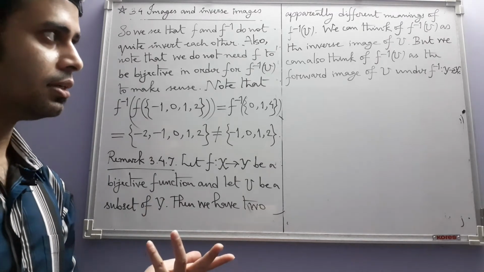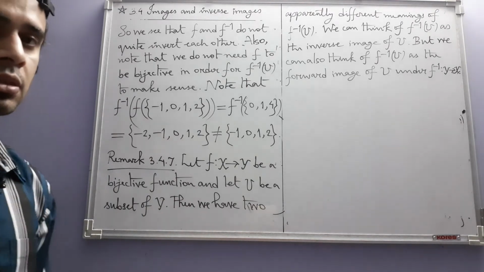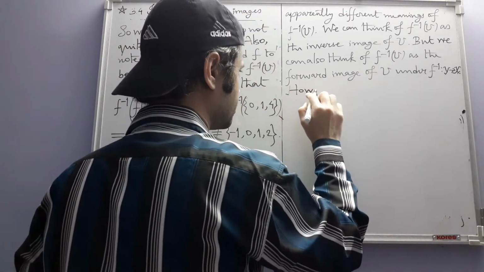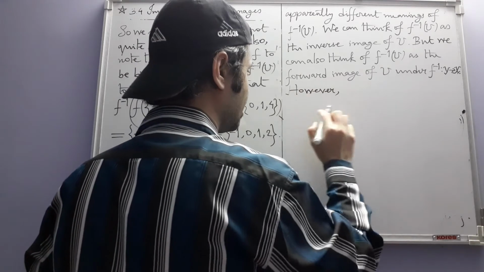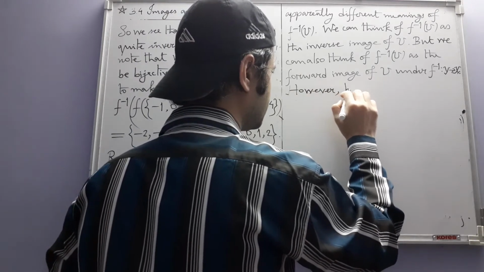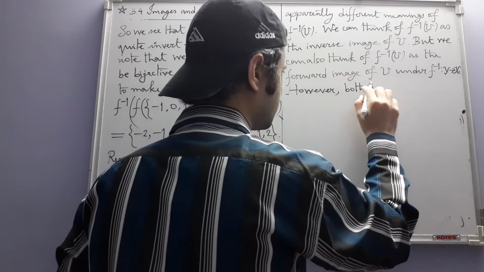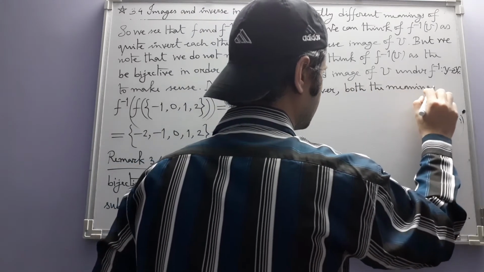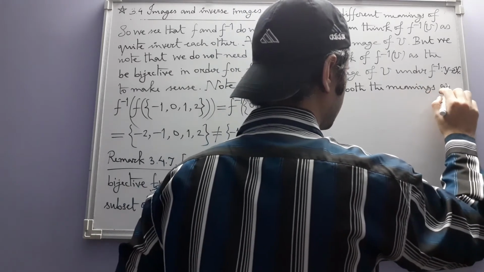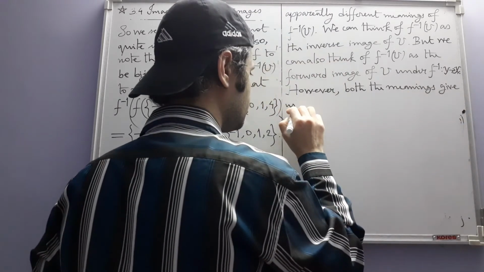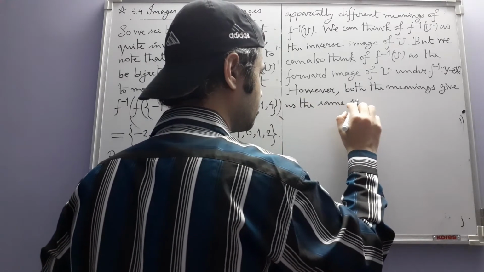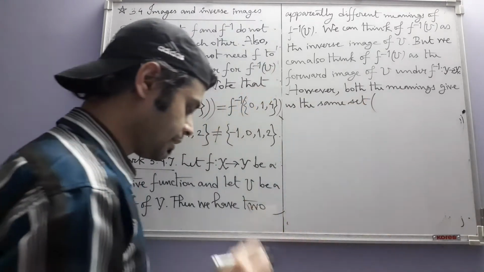So there are apparently two different meanings. Now the question is, is this a discrepancy? Fortunately, this is not a discrepancy. Both the meanings give us the same set, and this is an exercise.